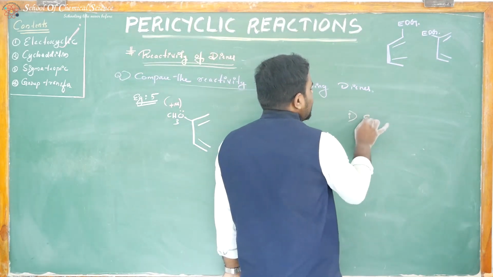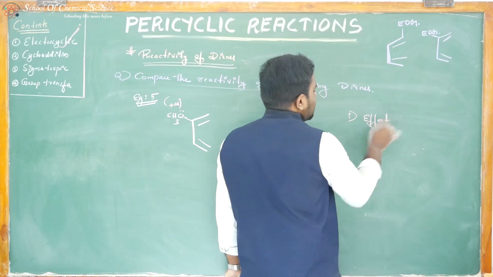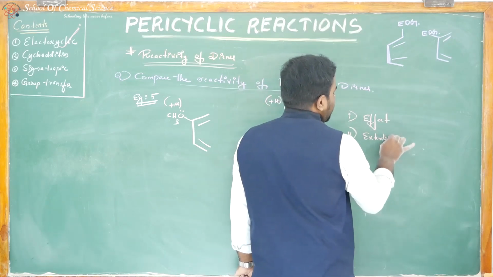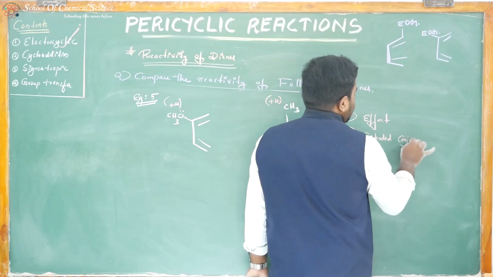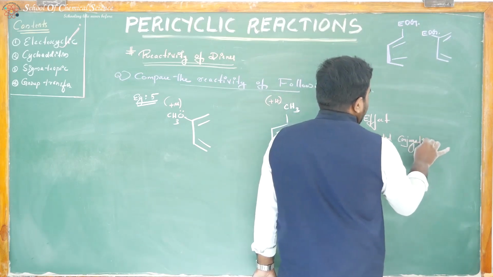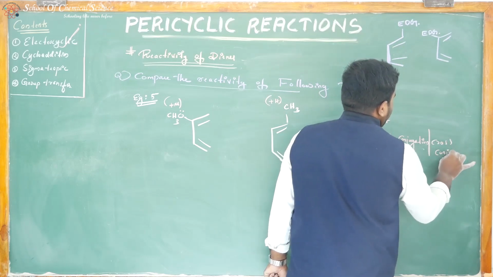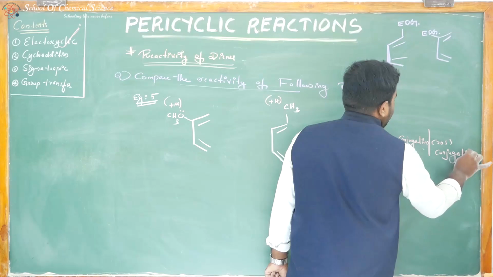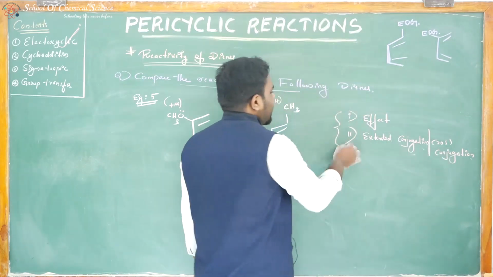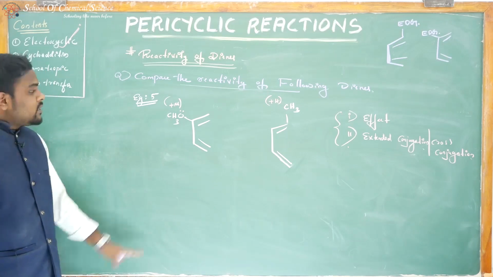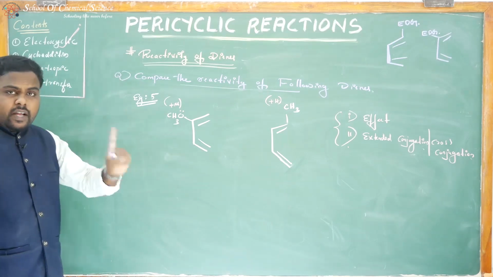First priority is for the effect. Second priority is for extended conjugation or cross conjugation. Okay. So what about the reactivity? First priority is for the effect.